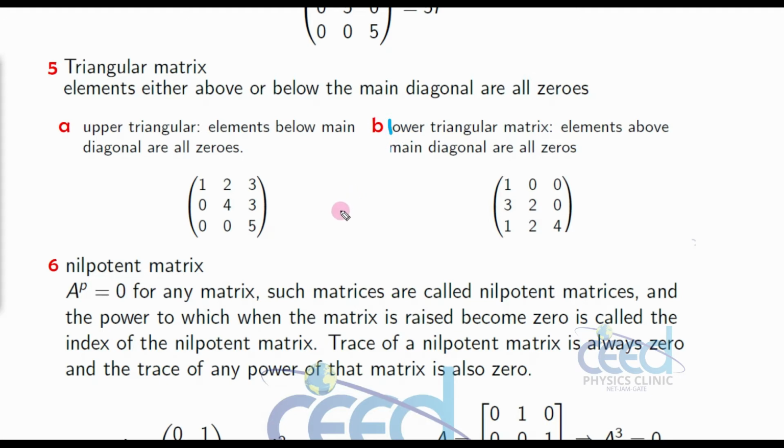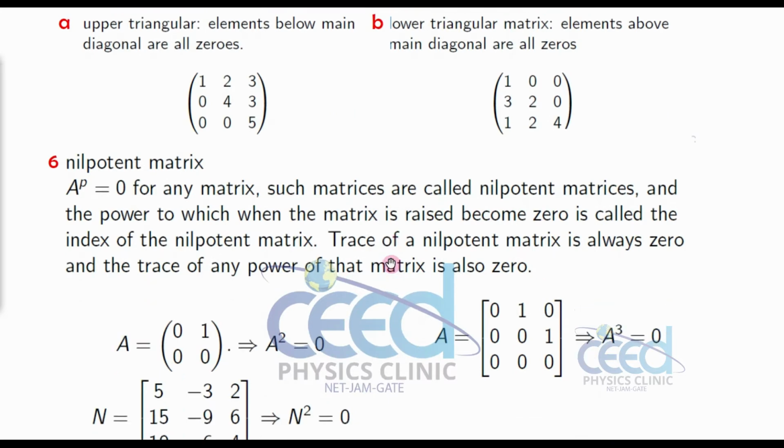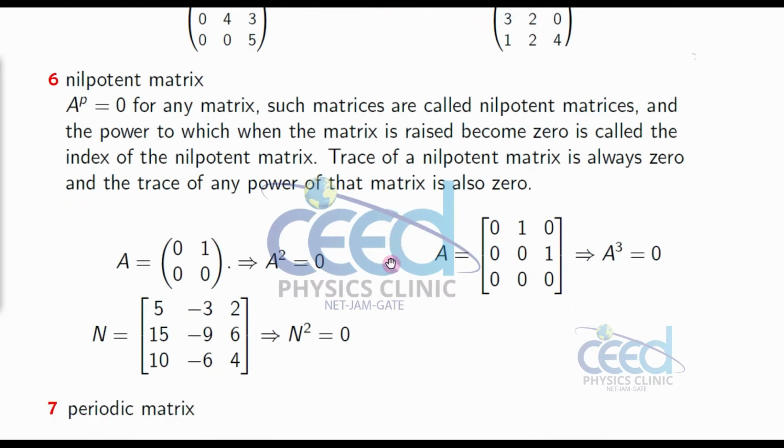Now another kind of matrix is the nilpotent matrix. What is nilpotent? Suppose you have a non-zero matrix A, and you take some power of this matrix, say A cube, A raised to 4, it may be any number, 1, 2, 3, 4, 5 etc. If that is 0, then such a matrix we call a nilpotent matrix.